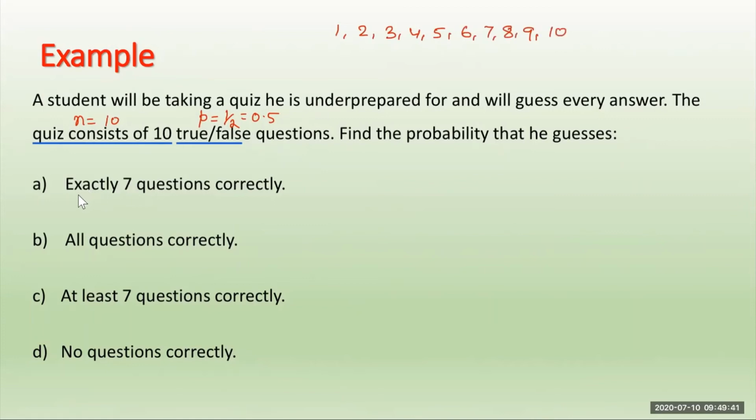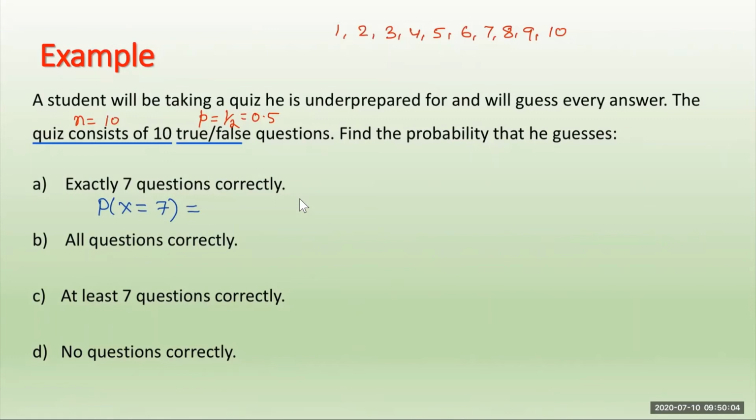Now, the first part is we have to find the probability that he guesses exactly 7 correctly. So in the first part, we want to find the probability that x is equal to 7. If you remember, we are going to use a calculator to solve this example.